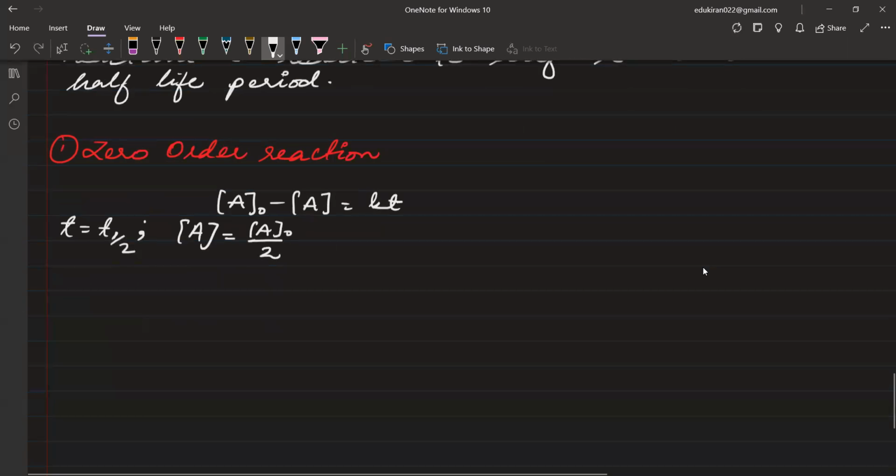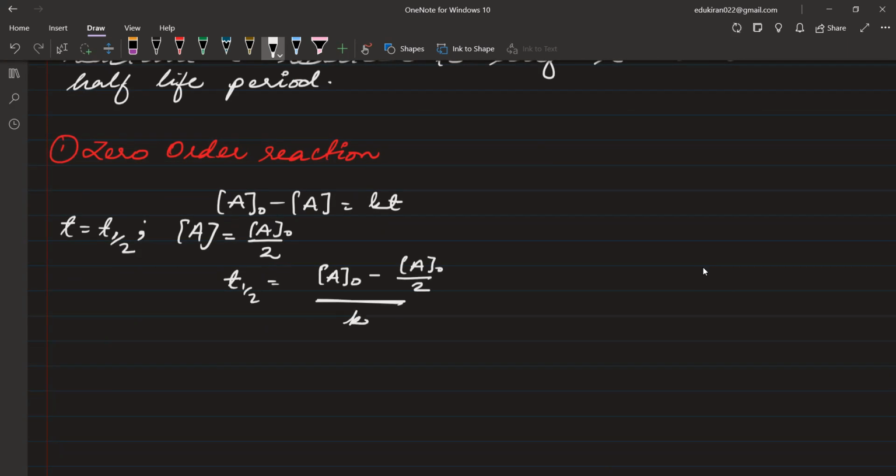Now I will write it very easily. Now T half is equal to A naught minus A naught by 2 divided by K. Correct? Now, A naught minus A naught by 2 is equal to what? 1 minus 1 upon 2 is equal to half only.